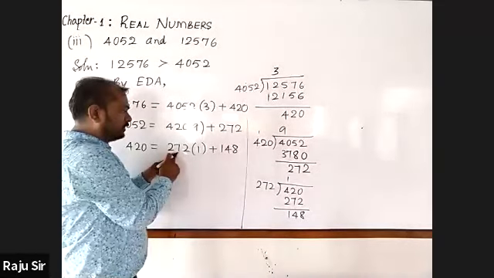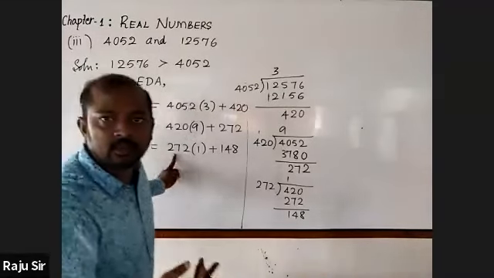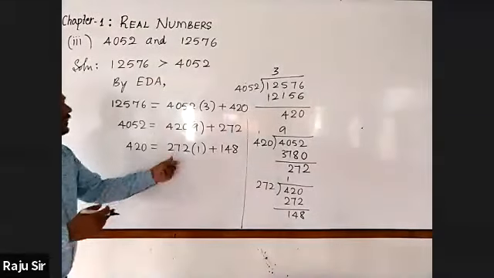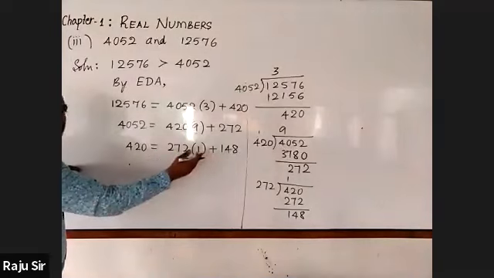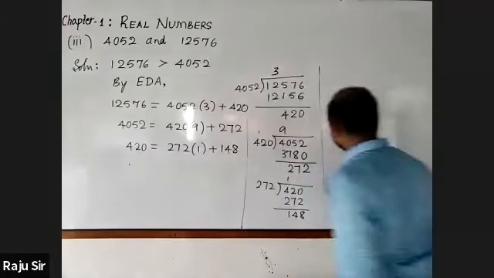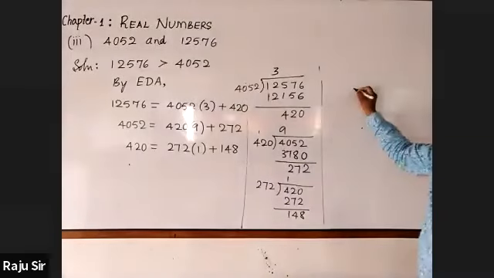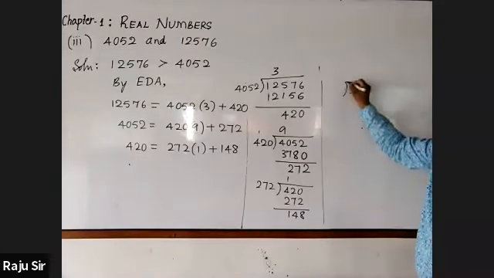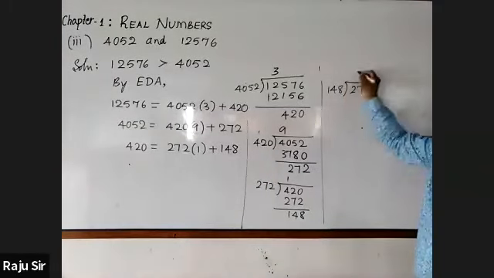Continue to divide 272 by 148. You can write it directly or else let's use the working part. Here, let us divide 272 by 148. Now, 148 is less than 272.